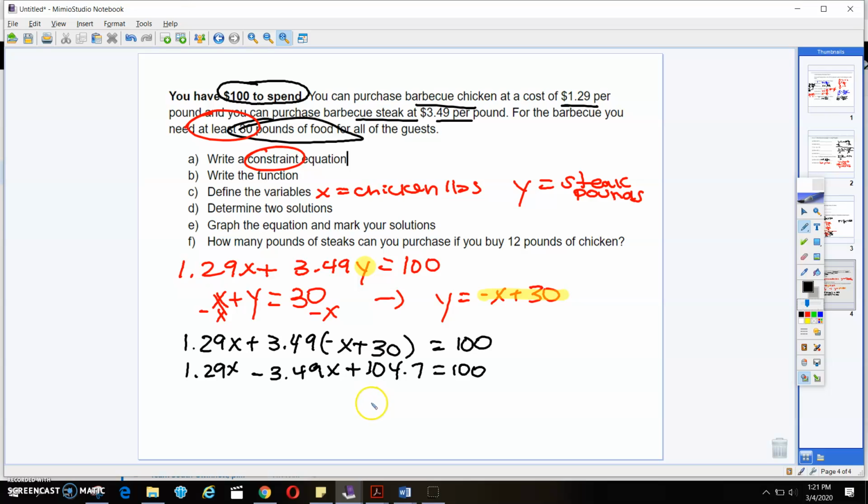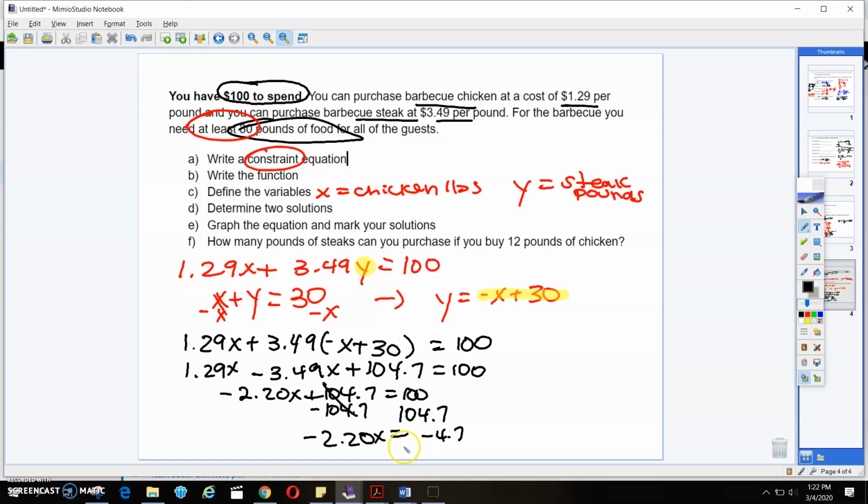Okay. And then I'm going to combine my like terms. I've got 1.29x minus 3.49x, and that gives me negative 2.20x. Subtract 104.7 from both sides, and this gives me negative 2.20x equals negative 4.7.